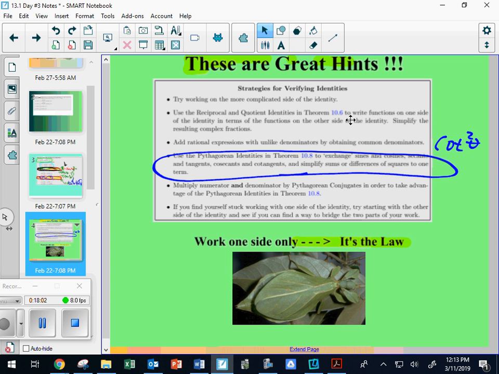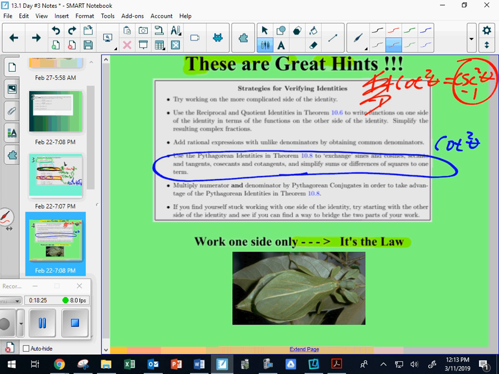Not the 1 over. It'd be 1 over secant squared, but that's not what I'm looking for. I'm looking for a 1 minus something. Here's the saying. The 1 with the coat is, do you remember? Cozy. And if I wanted cotangent alone, I'd subtract 1. Did you get cosecant minus 1?